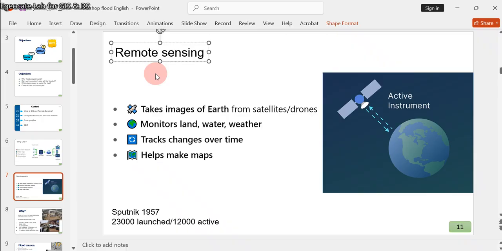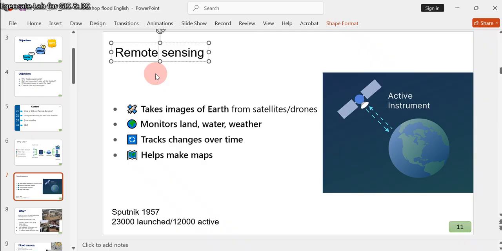This is very significant data which has very important insights about the surface of the Earth or the atmosphere. For example, you can use this satellite imagery to monitor the land, the water, the weather, and all features on Earth. And because the satellites orbit around the Earth, we get multiple images.